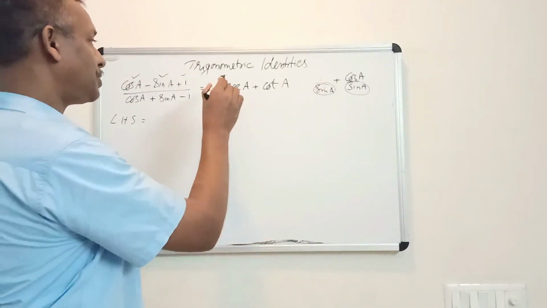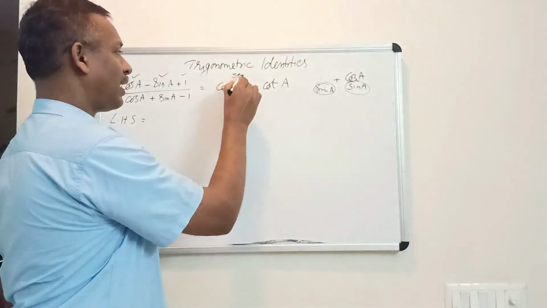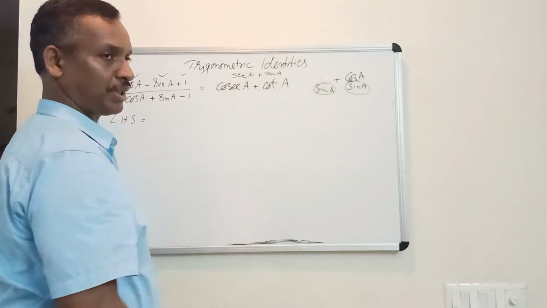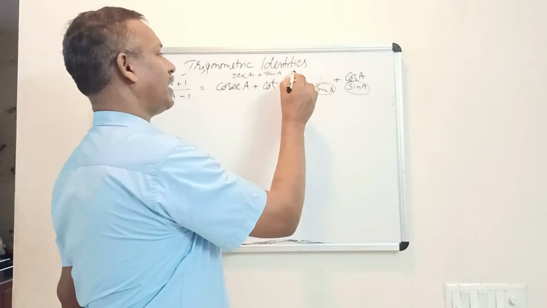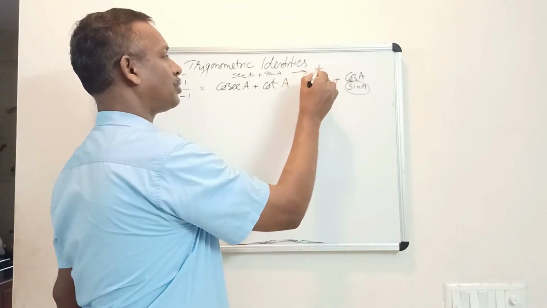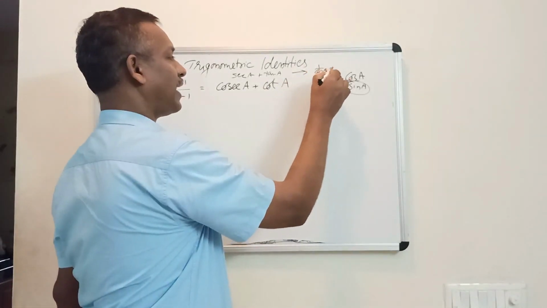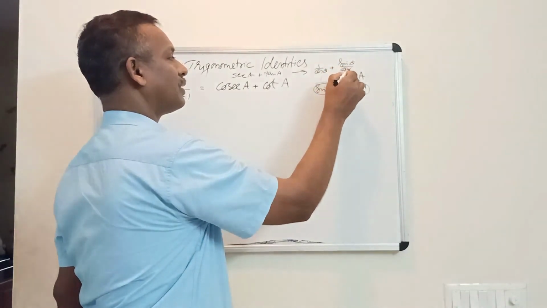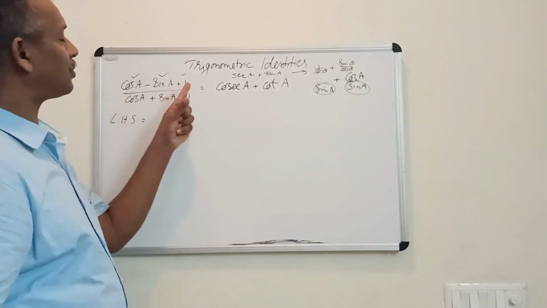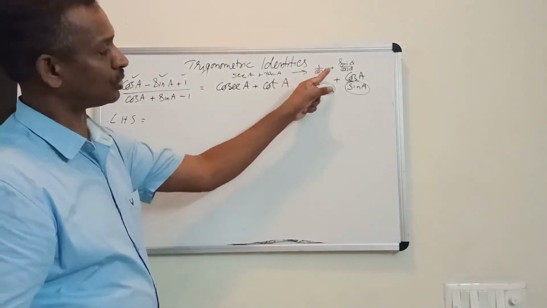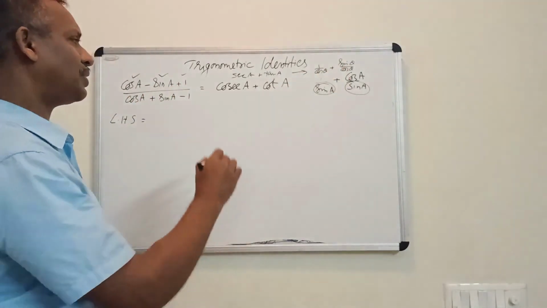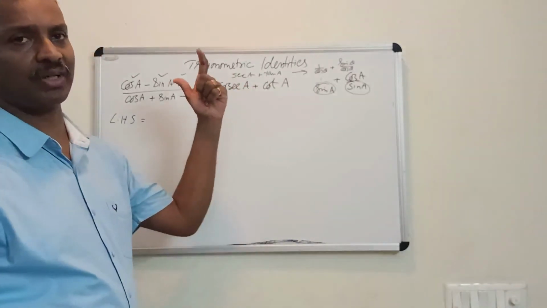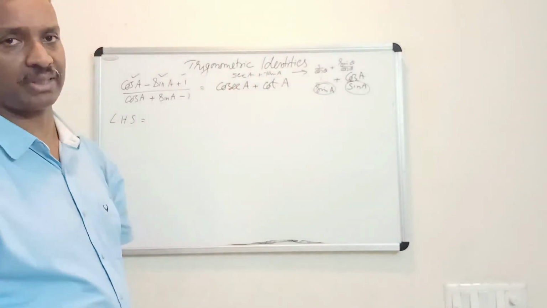Suppose you want to change to sec and tan, if that is the question, then sec means 1 by cos and tan means sin by cos. Then you have to divide the numerator and denominator by cos. And if you want to change to sin and cos, you can do either. Either you can divide by cos or by sin.